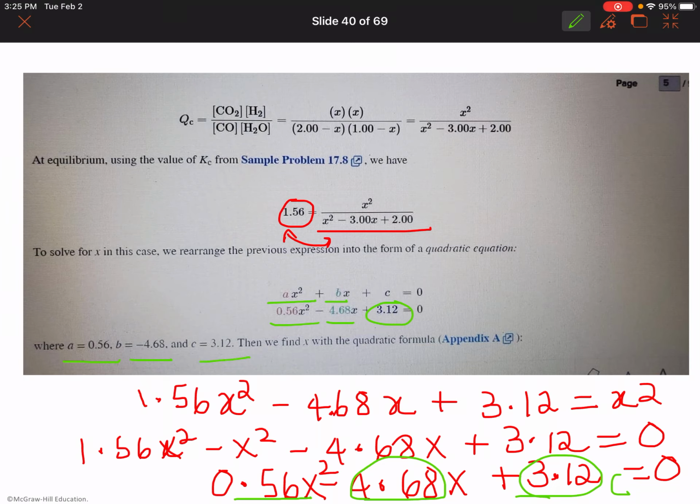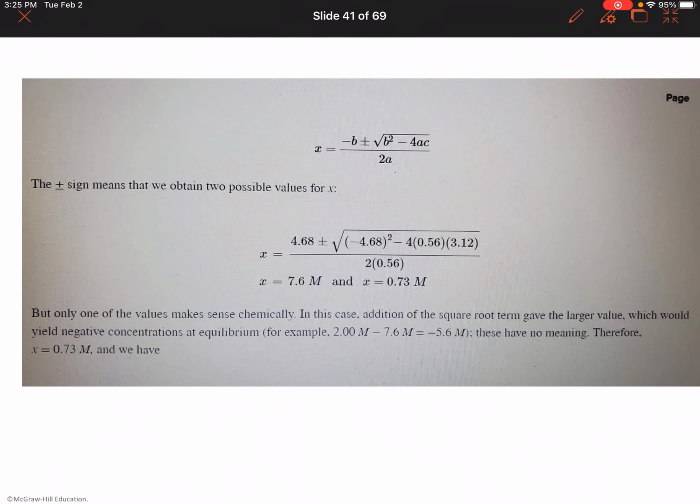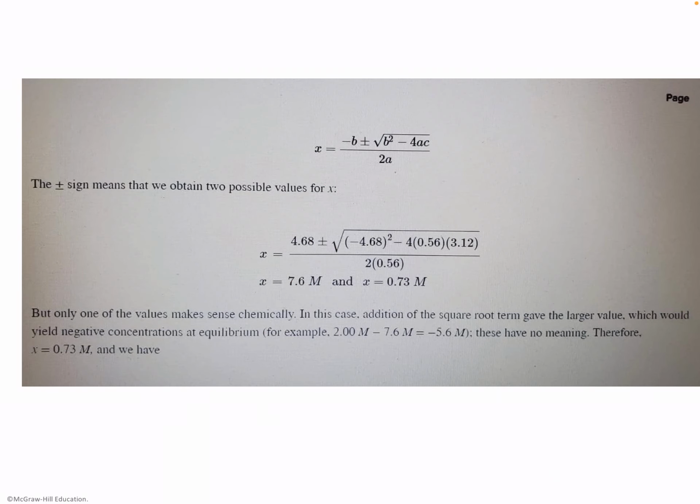Then we solve with the quadratic formula, which is in the appendix. X equals negative b plus or minus the square root of b squared minus 4ac, over 2a. So here the plus or minus sign means that we obtain two possible values for x.